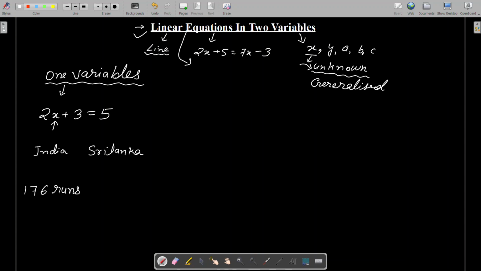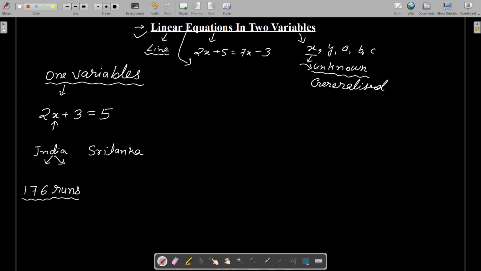The question says express this information in the form of an equation. From India there were two batsmen who together scored 176 runs.